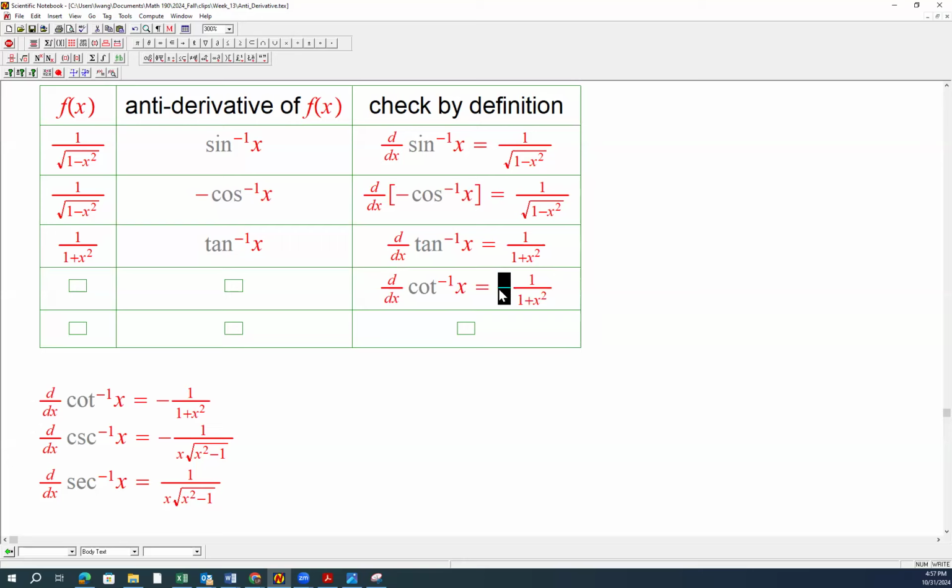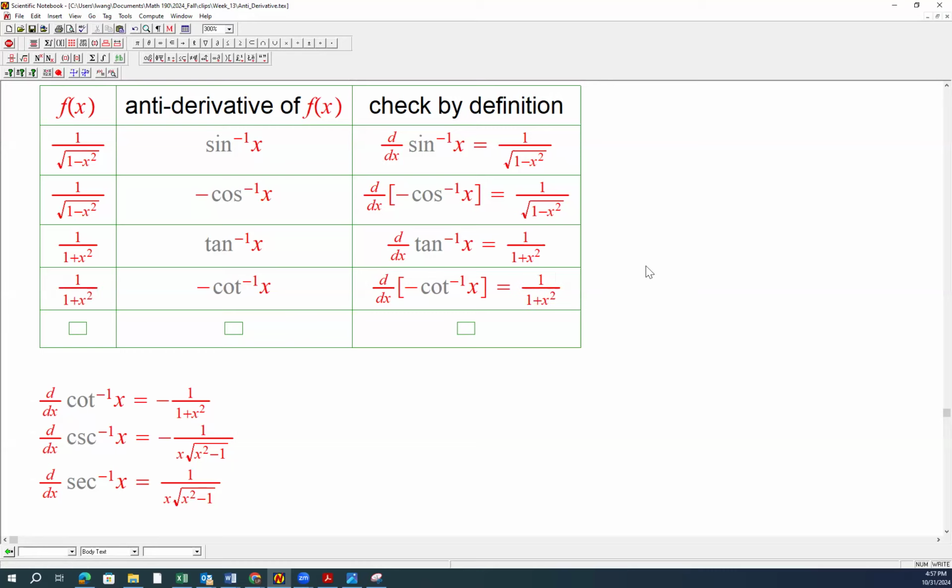If I bring this negative sign to the other side, we get another antiderivative for 1 over 1 plus x squared, and that is going to be negative arccotangent. Rarely used, guys. I just put it here so you know how to derive it.